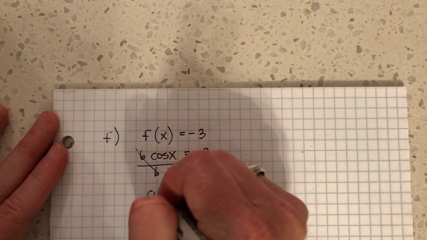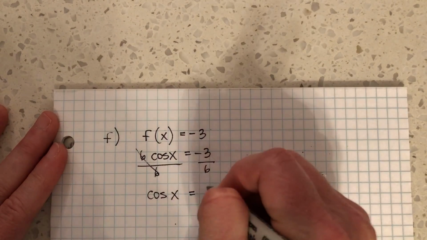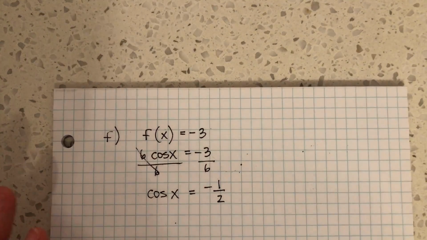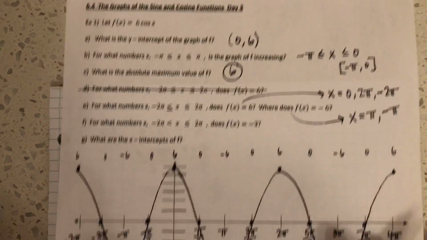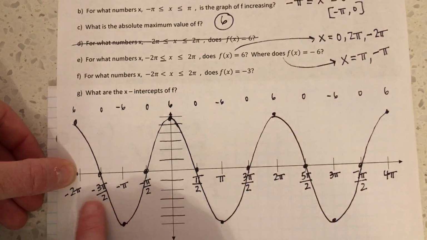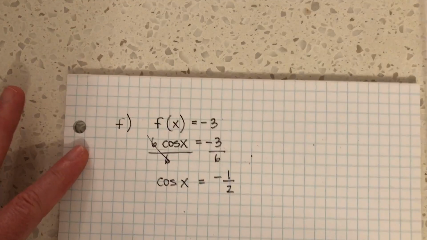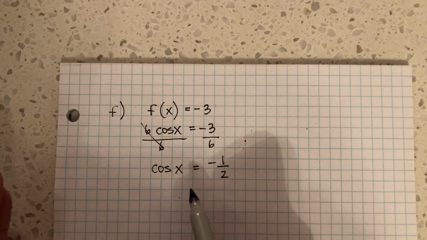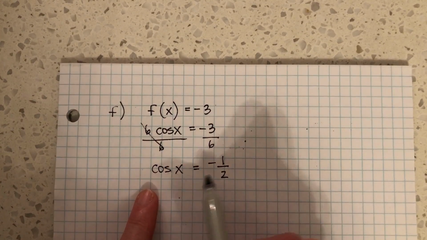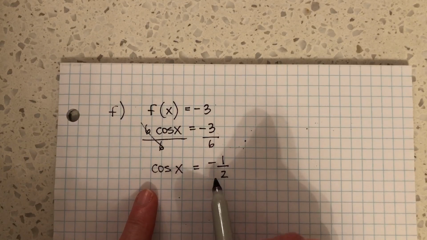So now you're saying cosine x equals negative 1/2. So you're trying to find all the angles in between negative 2 pi and positive 2 pi that made that ratio of negative 3 come out. So what it boils down to is, the cosine of what angles would have had a ratio of negative 1/2.